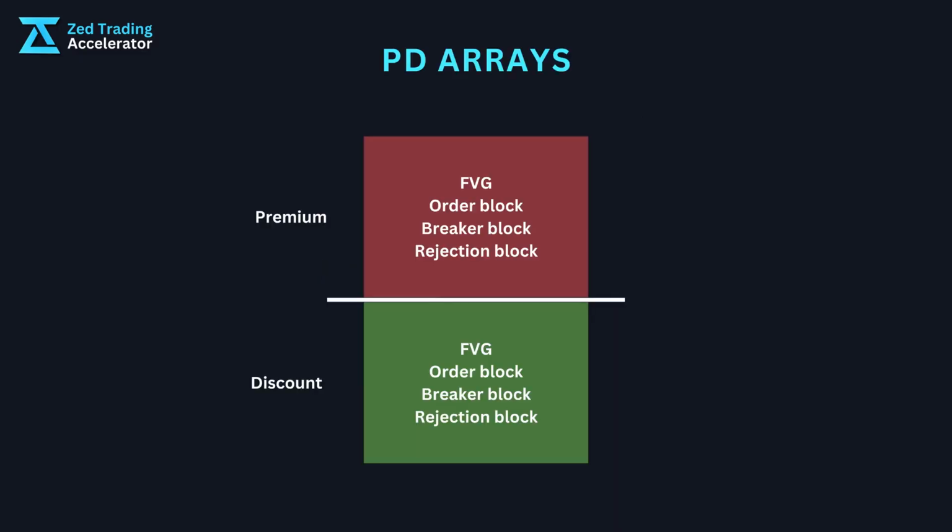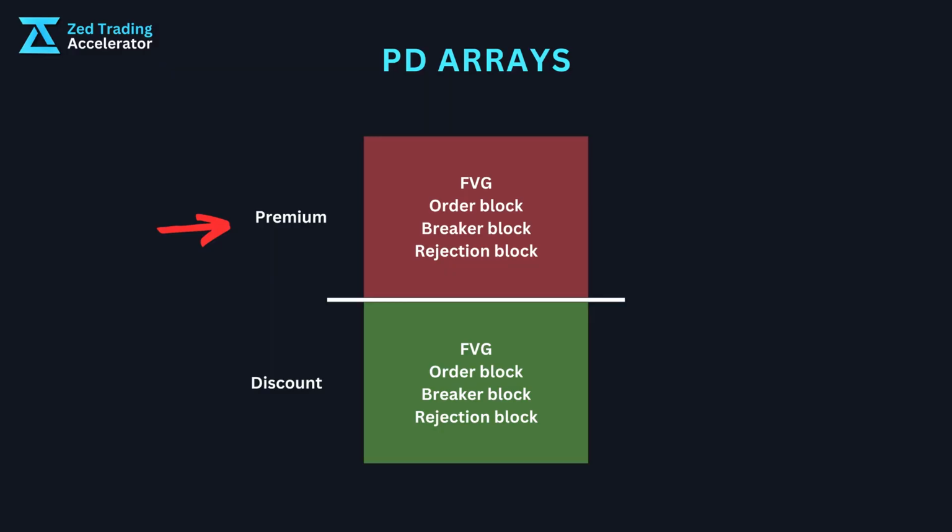So, these are the PD arrays, premium and discount array. Here we have our premium right here. It means that the price of the market is expensive at this zone. This is the zone where we want to sell.